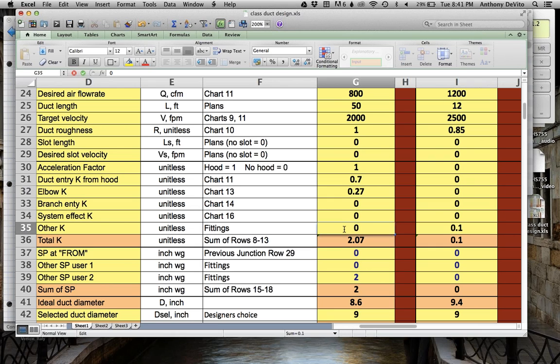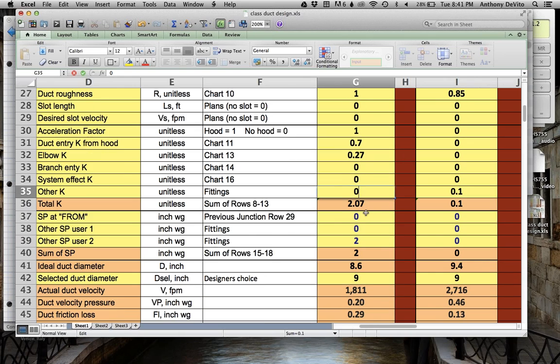He might instead give you a chart that says if the velocity of air going through here is 1,000 feet per minute, figure 2 inches of static pressure loss. Or at 2,000 feet, figure 4 inches static pressure loss. If that's the case, you would put it below in the next step, not here. If you know the K factor for the filter, you would put it there. There's no filter. We're going to a junction, there's no filter, so it's 0.